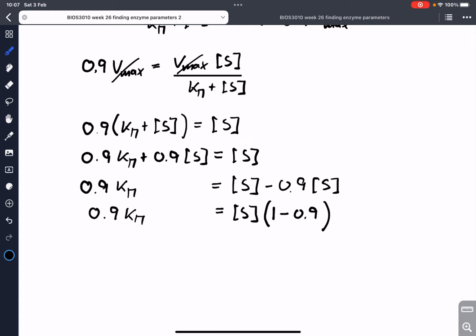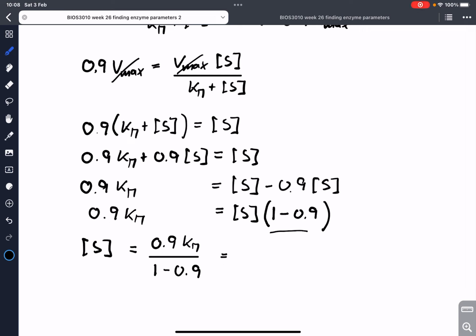And now, in order to find S, we just simply divide by this term here. So we can write S equals 0.9 Km divided by 1 minus 0.9.